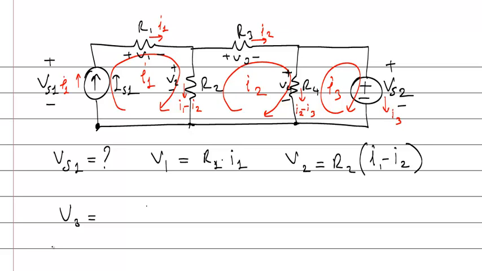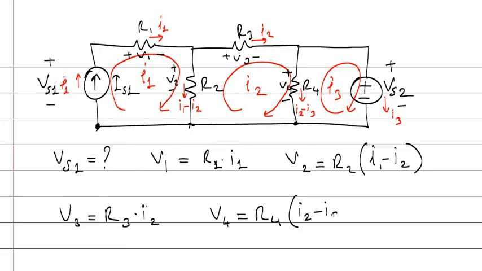V3 is resistance times current. Okay. V4 is resistance times current. What's the current of R4 in terms of mesh currents?